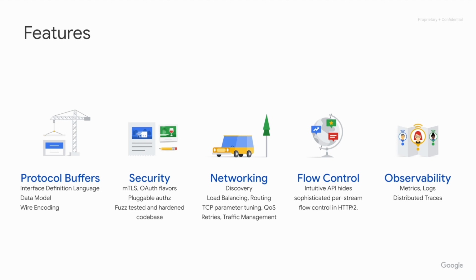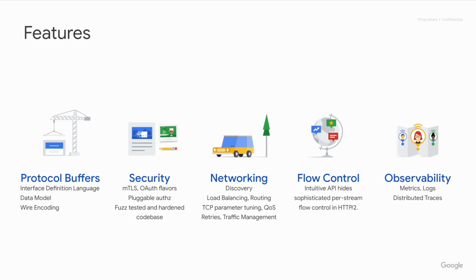Talking of networking, the RPC team here at Google has traditionally been part of the networking software organization, and we do take good pride in all of the networking features that we have managed to build into gRPC. It comes, of course, with good solutions out of the box for discovery and for load balancing.